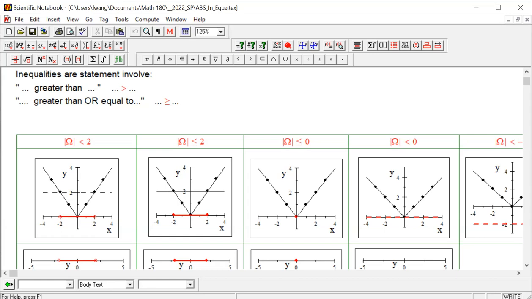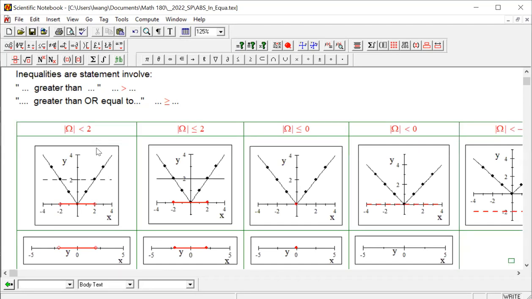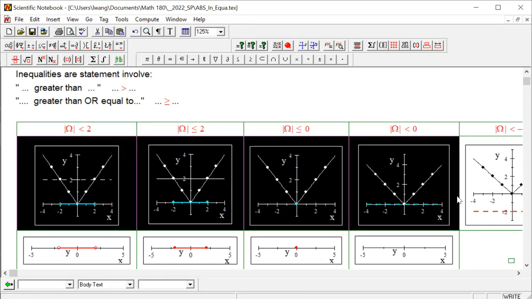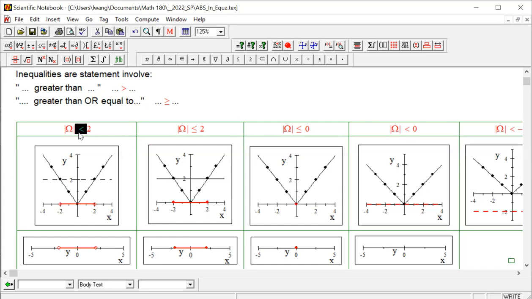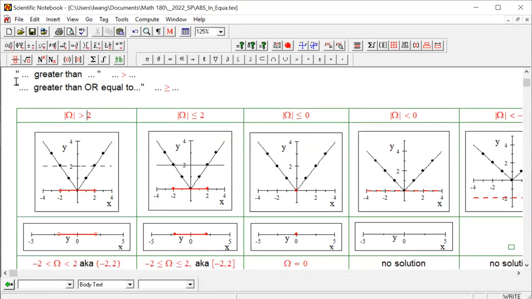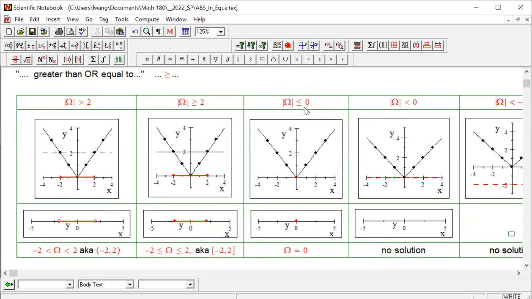Of course, all of these pictures will have to be redrawn because we're going to change to greater than. This is going to be greater than or equal to, and this is going to be greater than or equal to 0.